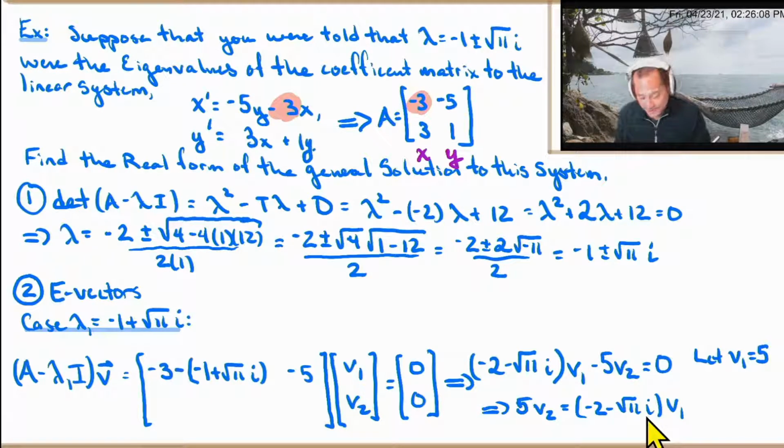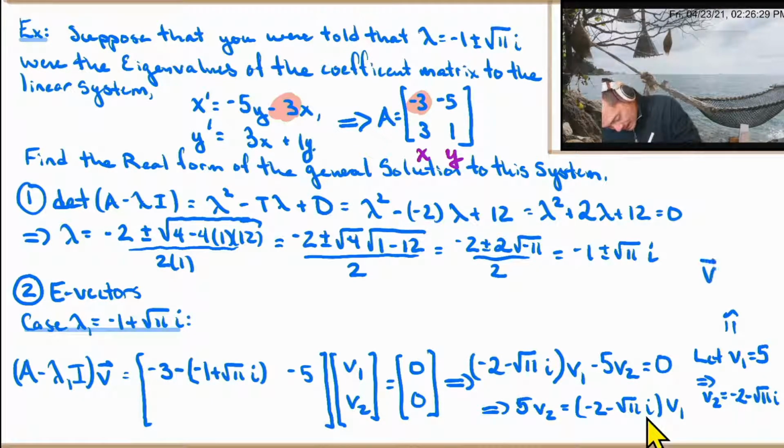And if v1 is equal to 5, then that means that v2 is equal to negative 2 minus the square root of 11i. Okay, so then up above here, that means my eigenvector v1 is equal to 5 in the first component, negative 2 minus the square root of 11i in the second component.